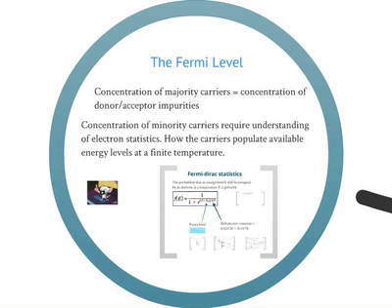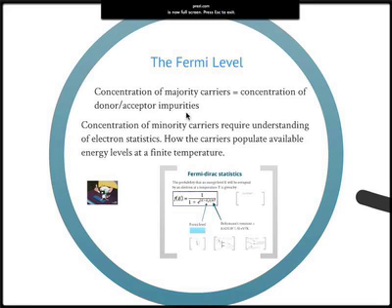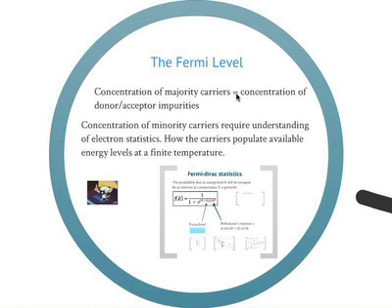Okay? The first thing we can say, the easiest thing we can say is that the concentration of, so remember, in an extrinsic material, we add donors or acceptors. If you have a donor atom, it donates one electron, remember? Okay? So one donor atom is equal to one electron, which means that in an N-type material, if there are N, or capital N, donor atoms, there are capital N electrons. Okay? That means the concentration of the electrons is equal to the concentration of the donor atoms.